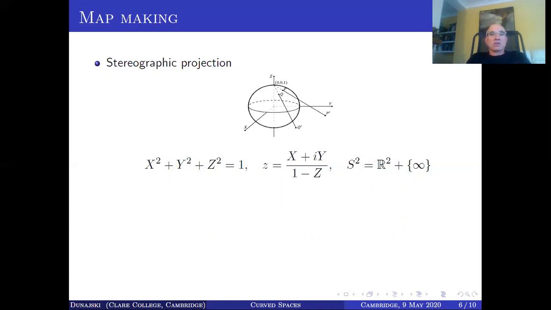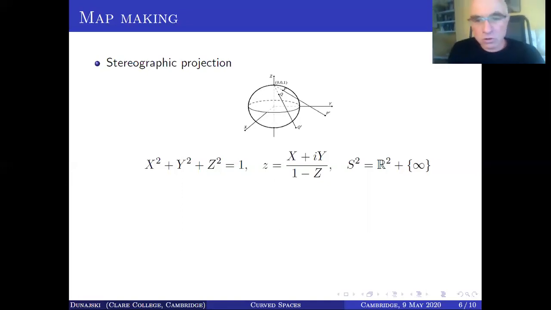Once you realize that the surface of our planet is spherical, you ask whether you can map it onto a plane in a way that preserves distance. And this, it turns out, is impossible precisely because of the curvature of the surface. There are several ways of making maps, but they all distort distances in one way or other. I'll tell you about 2.